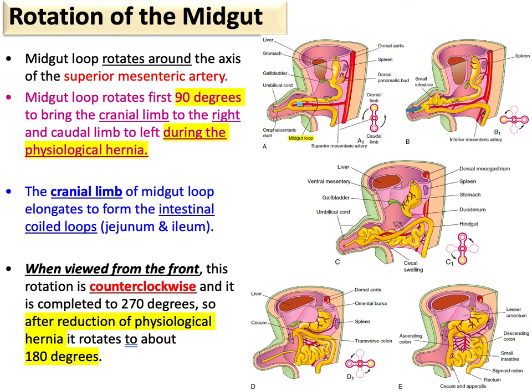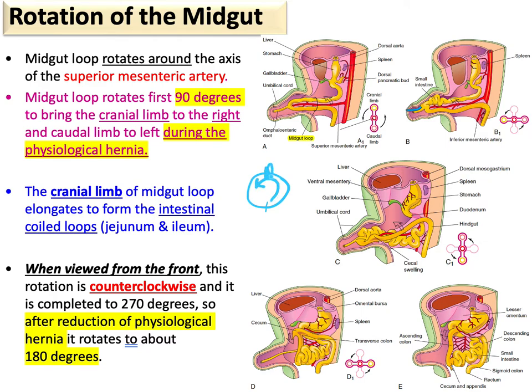That means this herniated intestinal loop in the umbilical cord is now rotated around the axis of the superior mesenteric artery. So this is the superior mesenteric artery. Of course, the rotation of the midgut is counterclockwise, right? If this is the clock, it's counterclockwise.